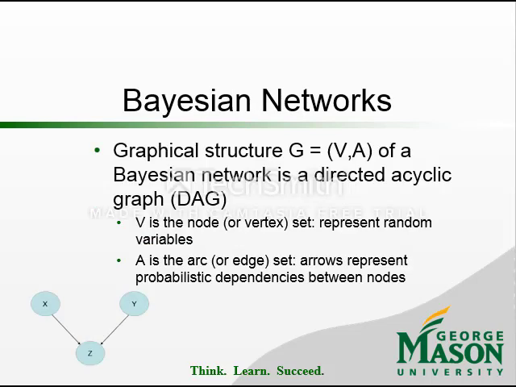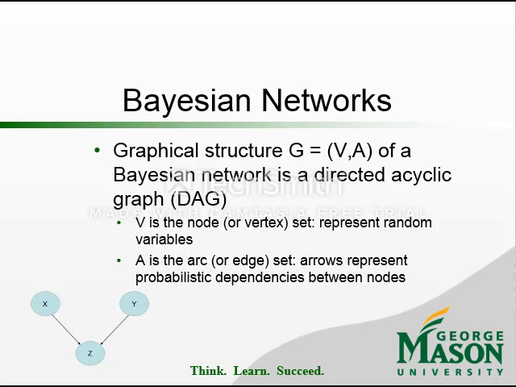Bayesian networks are graphical models where nodes represent random variables and arrows represent probabilistic dependencies between them. The graphical structure G equals (V, A) of a Bayesian network is a directed acyclic graph, which we call a DAG, where V is the node or vertex set and A is the arc or edge set.